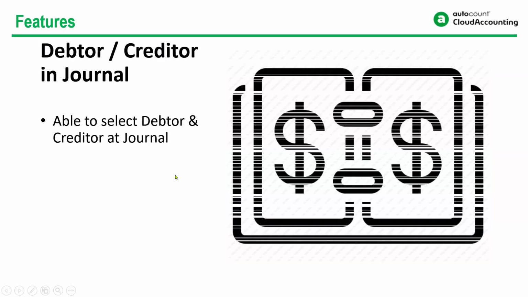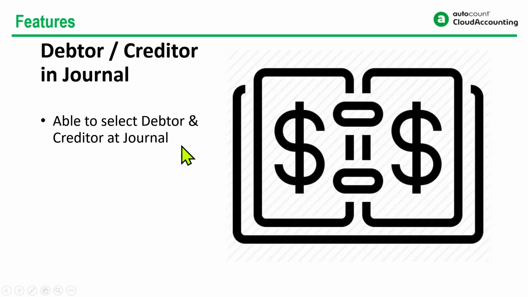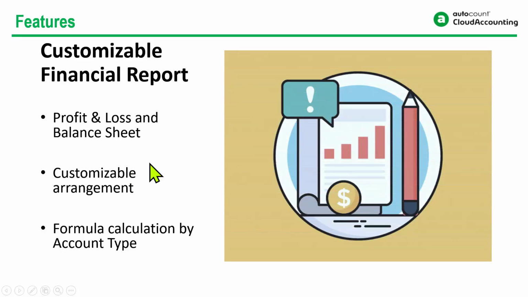We also have the journals, but this is slightly different from our desktop version 2.2, because in journal we are able to call up the debtors and creditors code. We also have customizable financial reports for profit and loss, but this is only in the higher version.